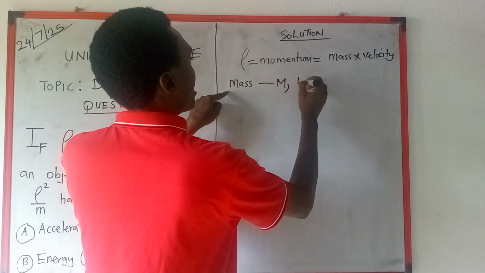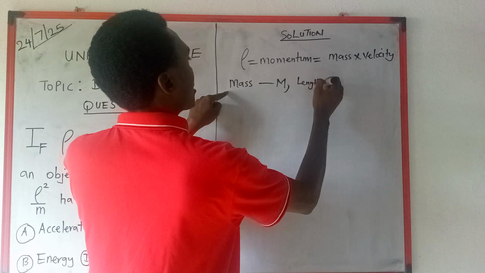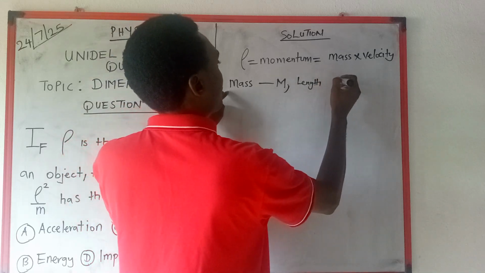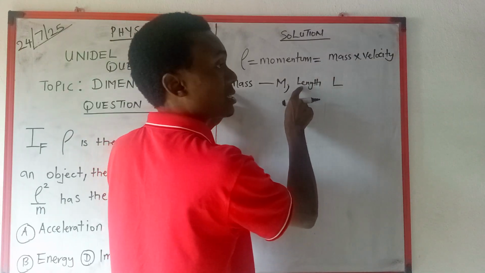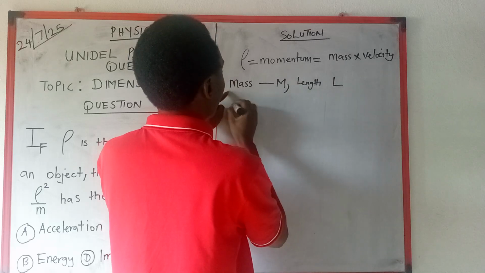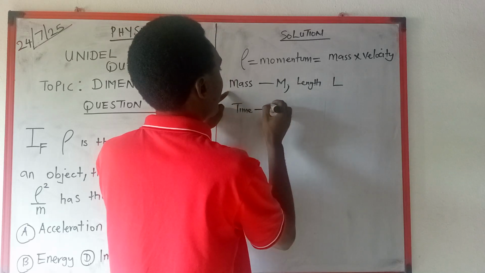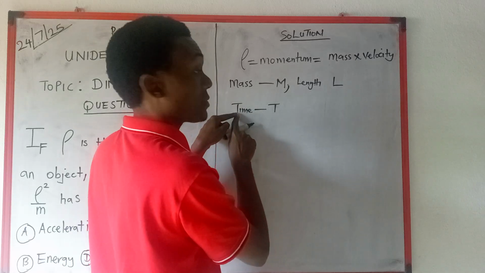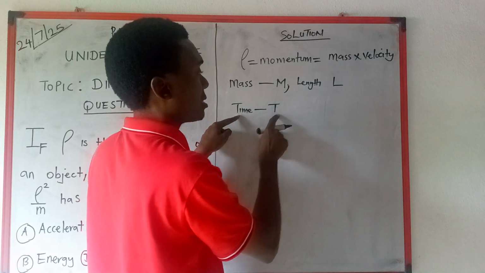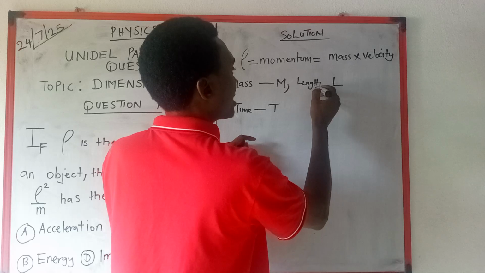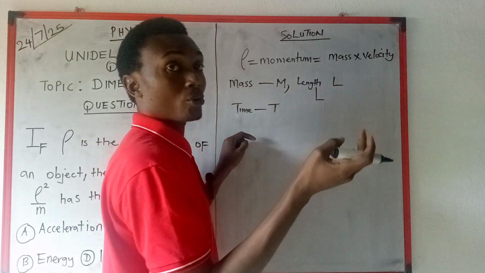The dimension of length is L. You take the first letter. The dimension of time is T. You take the first letter, make it capital T.